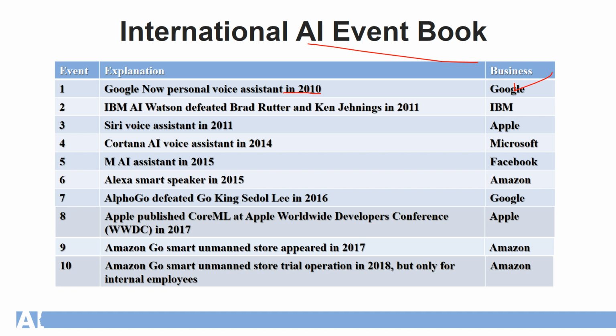And Facebook in 2015 had an AI assistant. And right now Facebook has another name, right? Called Meta, the metaverse. The symbol is like infinity, right?